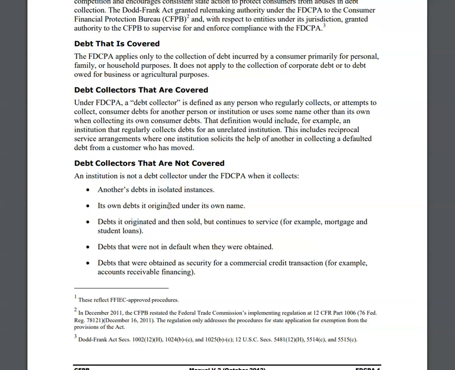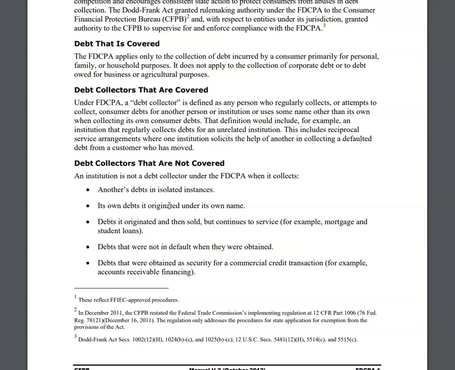Now, this is very important. Listen to this. An institution is not a debt collector under the FDCPA when it collects another's debt in isolated instances. Again, that could be where a company purchased another company, and maybe they're collecting the debts that were owed.